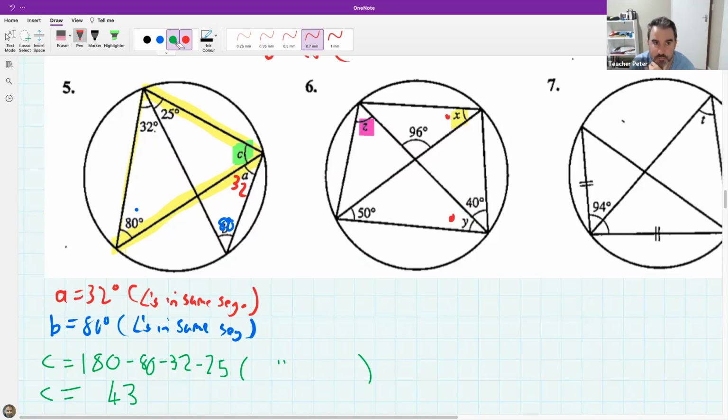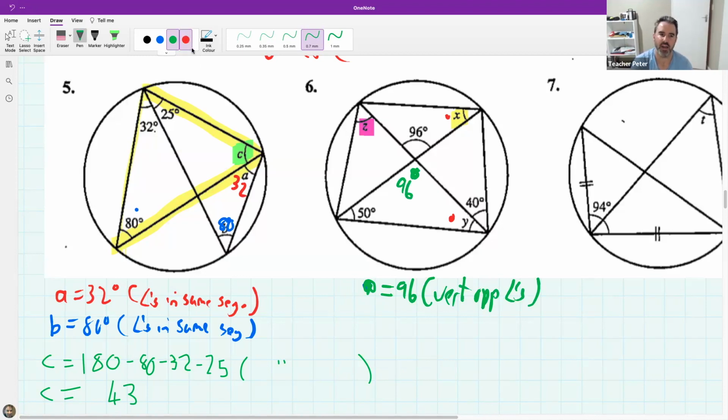But I've had an idea. What is this green dot going to be? Do we know what that green dot's going to be? It's 96, yes. And so if that green dot is 96, the reason is vertically opposite angles.